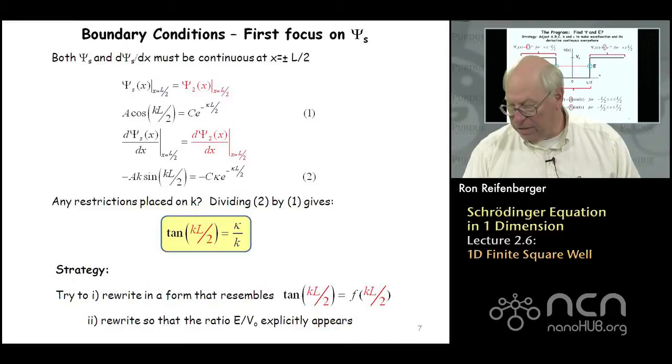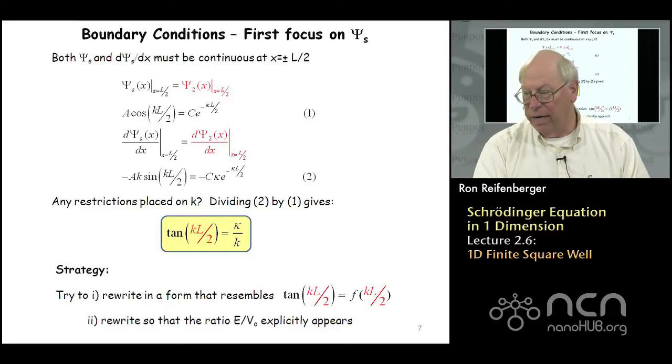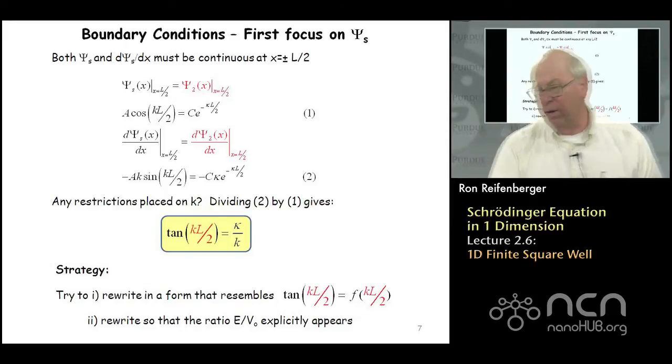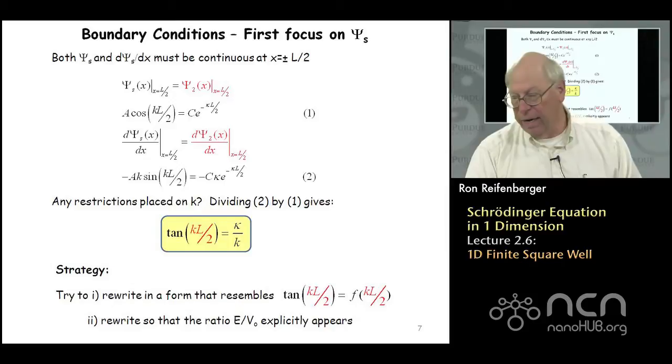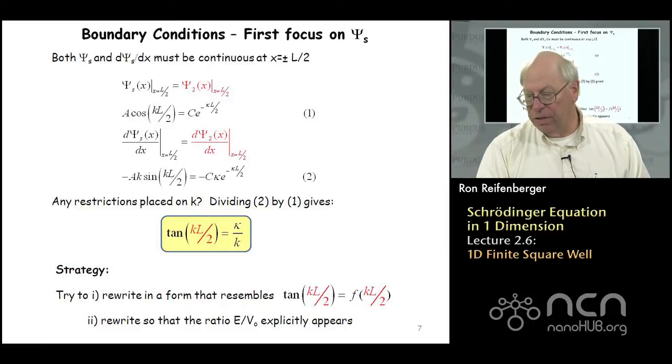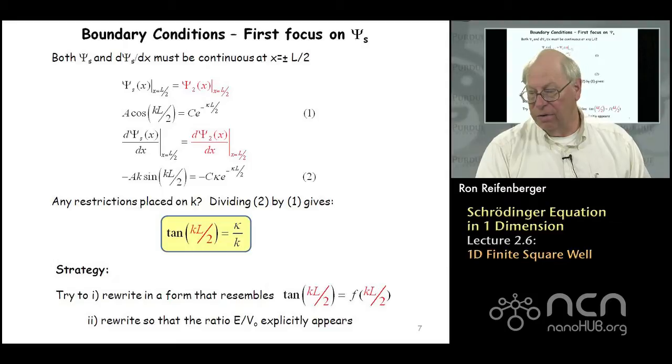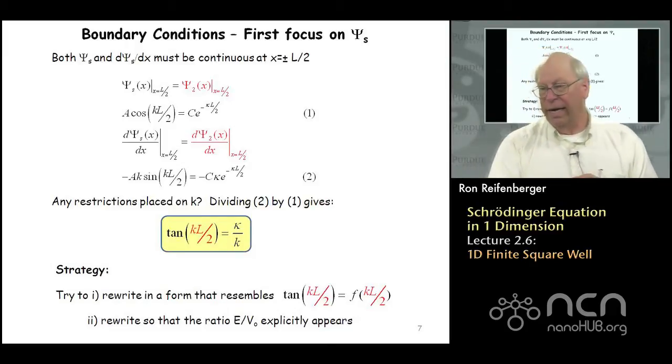So let's see. Let me focus on boundary conditions, and let me just first focus on the symmetric wave functions. The symmetric wave functions involve the sine function or the cosine functions for psi. And what we're going to insist on is that the wave function and its first derivative be continuous at x equals L by 2, right?